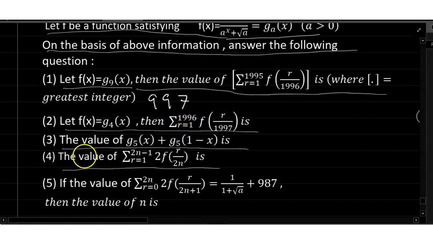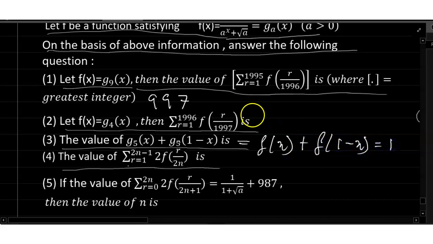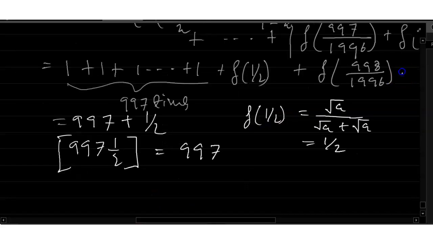Second problem: f(x) plus f(1 minus x) equals 1, and this problem is the same type of problem. So in here you get 1996, and you have already seen 998 here.